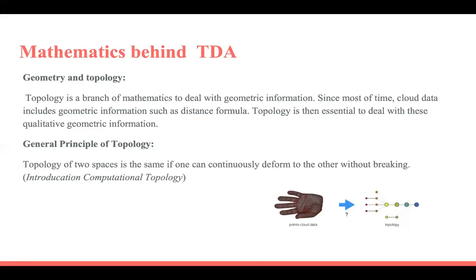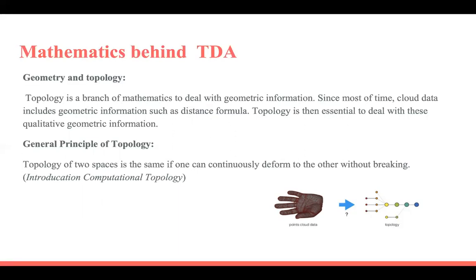As I said before, there are many tools from topology that can help us deal with this information. For example, researchers often find themselves interested in homology groups when they come across topology data analysis. We will introduce the definition of homology groups later.